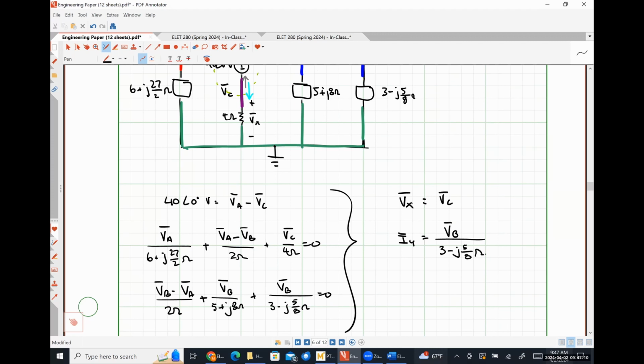Absolutely. So that's how you would do that problem using nodal.